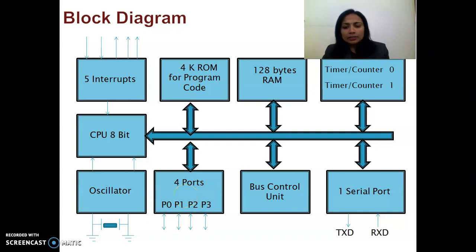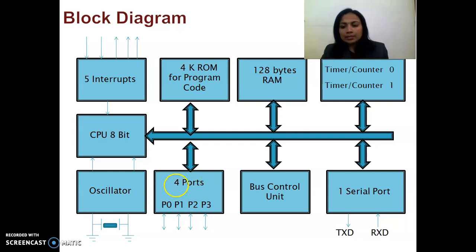This bus control unit is used to connect each block with each other and with the central processing unit. So the controlling action of the buses is done by this bus control unit.